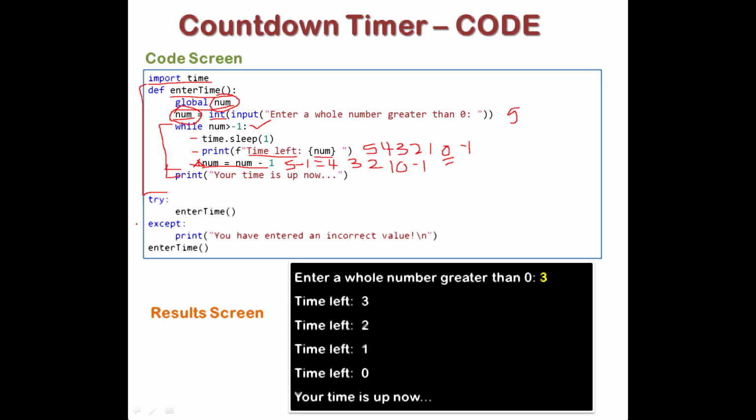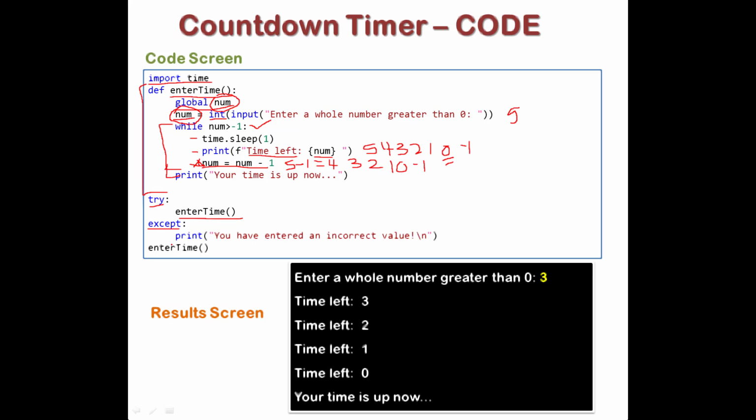So all you're going to do now is run it through an exception handler, try except. You're going to say try running this function. However, if there's a problem, throw this exception, and the exception has a message that says you have entered an incorrect value.